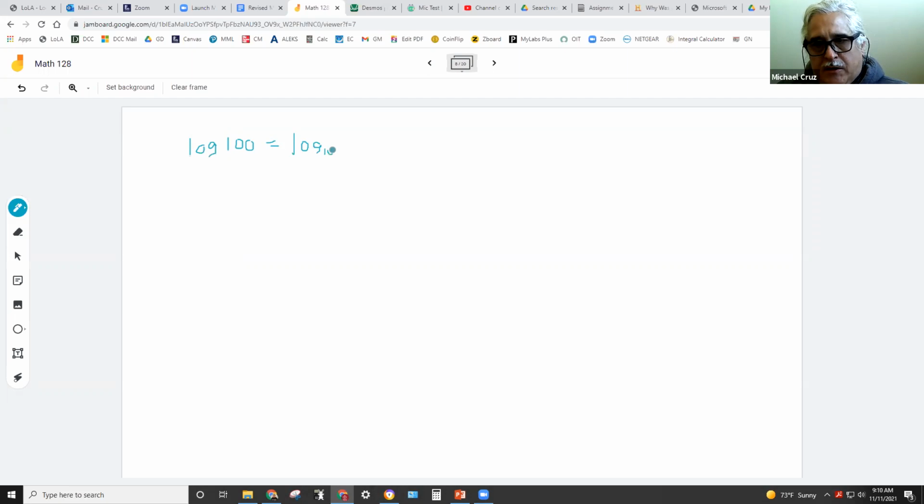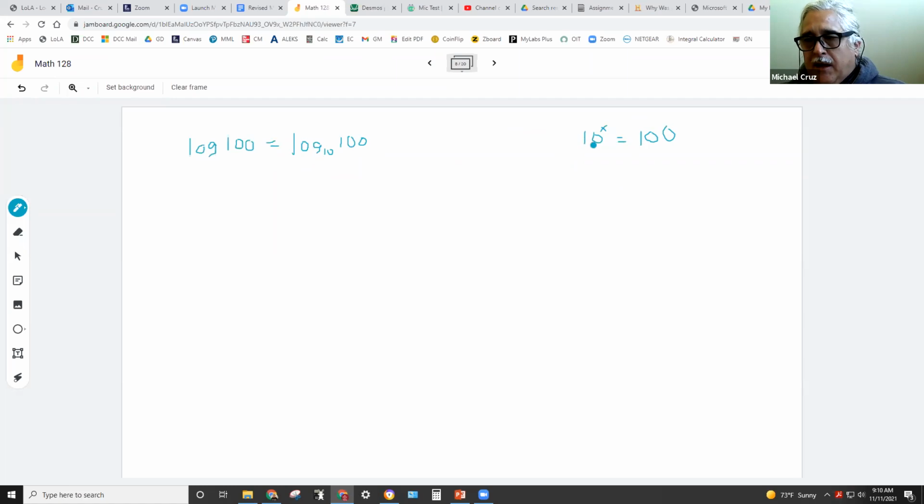So that's log base 10 of 100. How does that come about when we're talking about the inverse, when we're talking about it as an exponent? Remember, if there's no index down there and it says the log, it means log base 10. We just don't put it there.